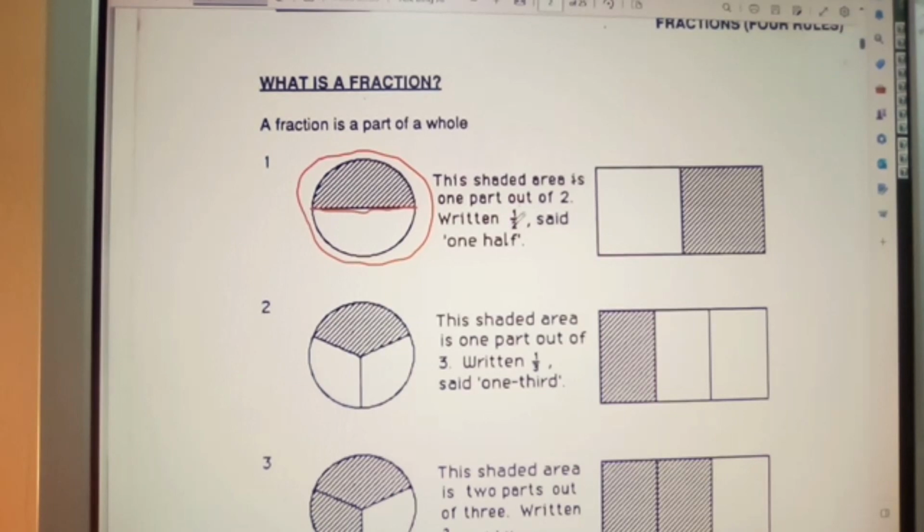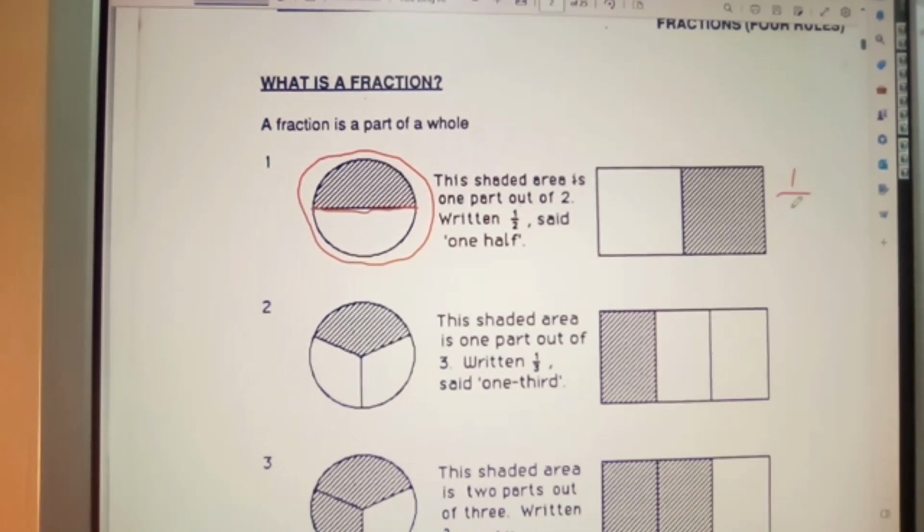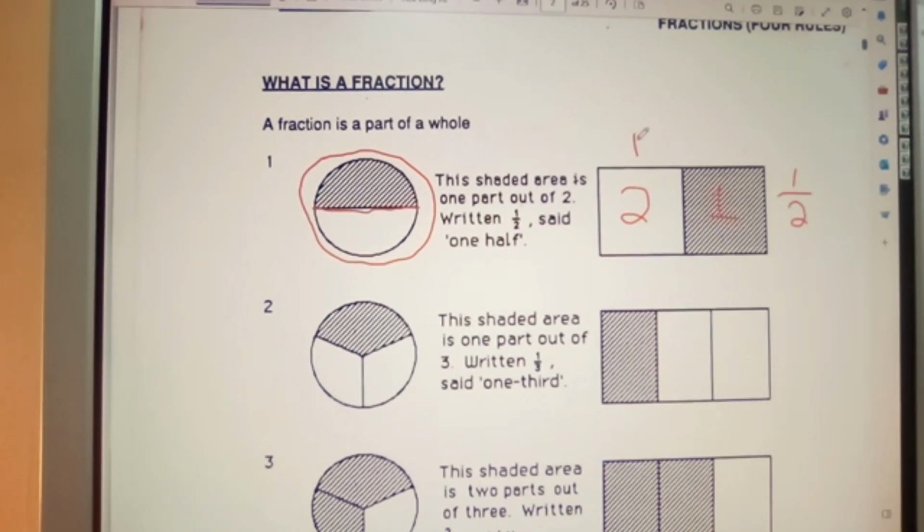Okay, and the fraction becomes 1/2, because we have 2 parts. Okay, and we're just going to call these parts.